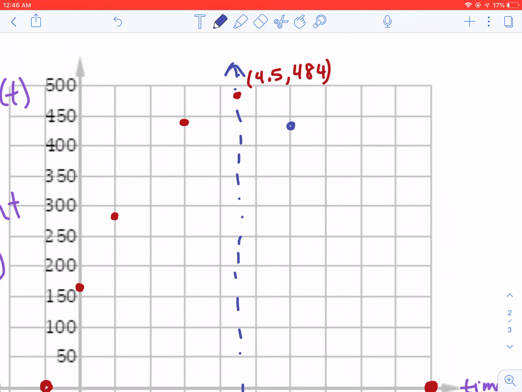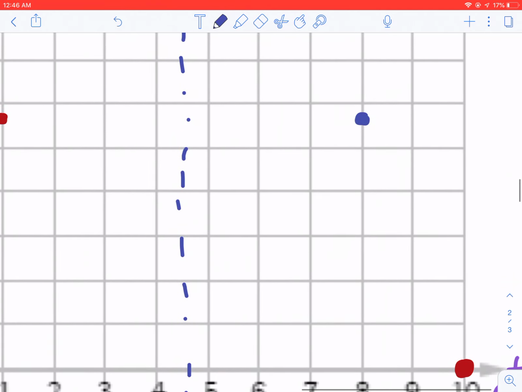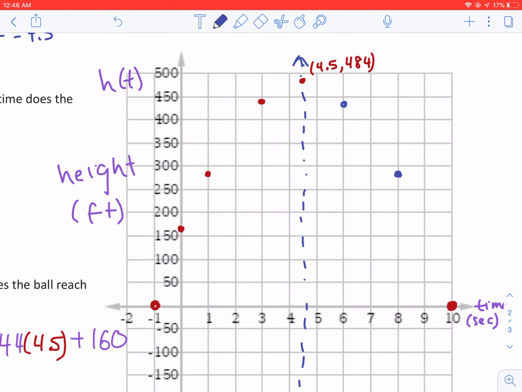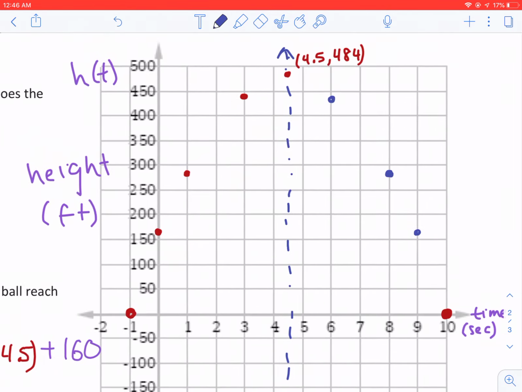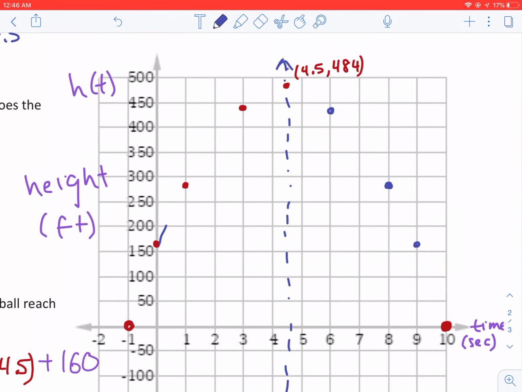If this point is 3.5 boxes away, then we're going to have a point 3.5 boxes away on the other side also. And at 0, it means we're going to have a point here. What happened to my point? Point there. Good. And connect the dots.